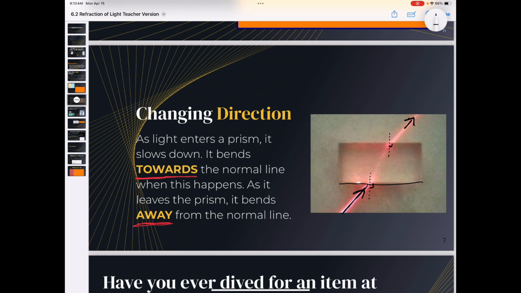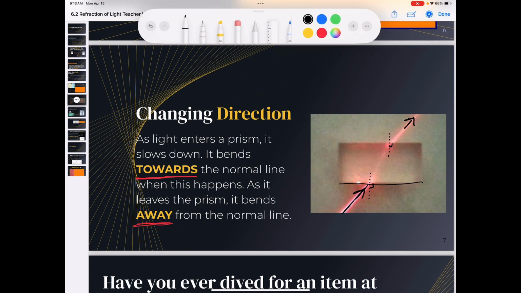Now normally, I would expect my laser to continue going off in this direction as if it was going straight. But because we are entering a prism, we're going to change direction. And according to our rule, as it enters the prism, it's going to bend towards the normal line. So I'm going to take this line and shift it a little bit more towards my normal line.